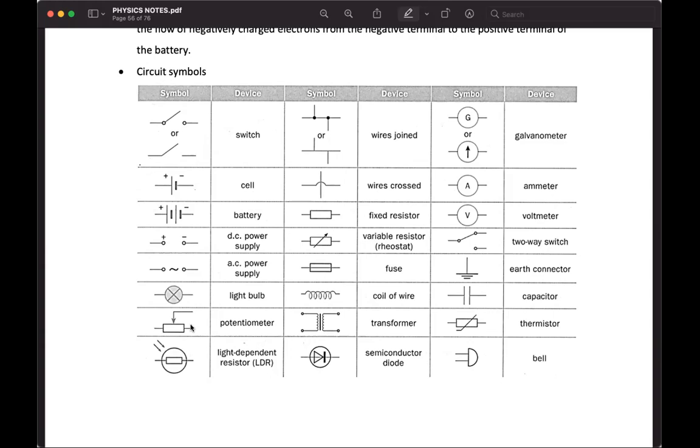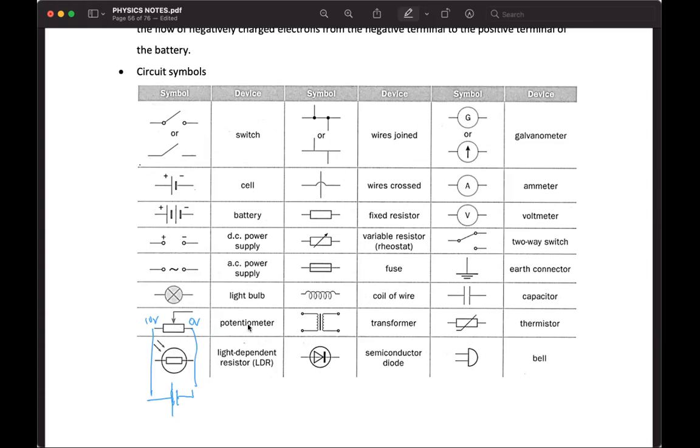So for example, if I were to connect this to a battery, so if this is 10 volt on the right side, this is 0 volt on the left side. Okay. You have a third terminal here. This third terminal can move from left to right. The more left you go, it goes closer to 10. The more right you go, it goes closer to 0.